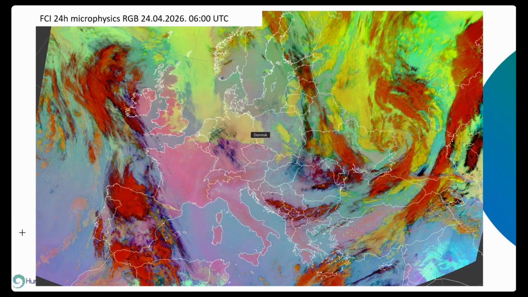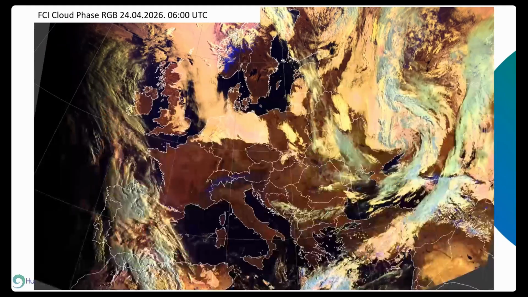Yes, we have seen one. Can we see any other low-level clouds in this image? No other low-level clouds. Yes, one more. Anywhere else, maybe? Okay, if you are not seeing any more low-level clouds, I will move to the next image now, and let's see if you can see any more low-level clouds in this image.